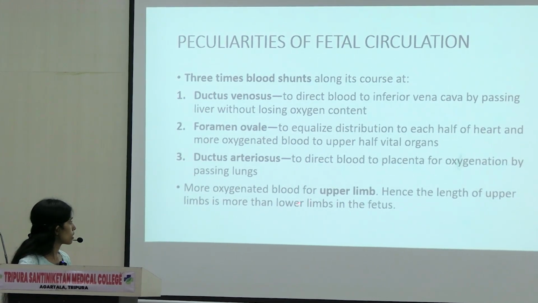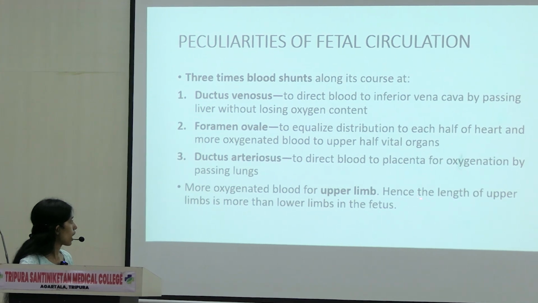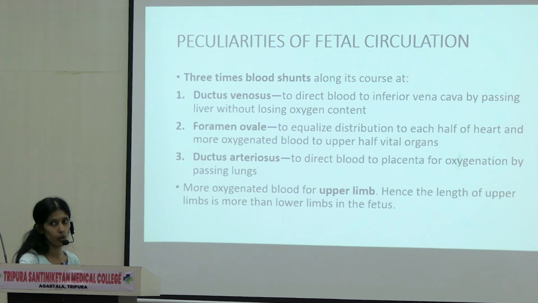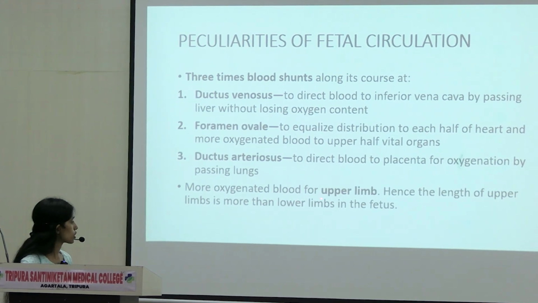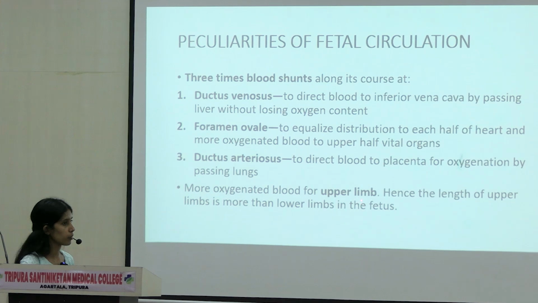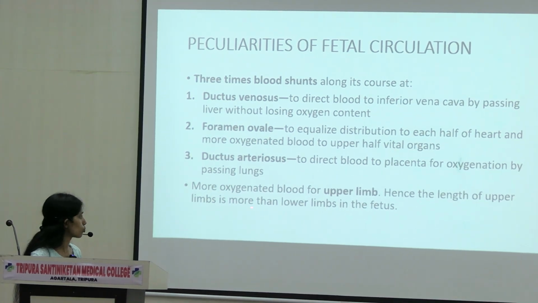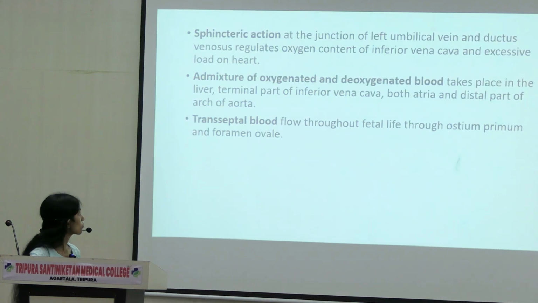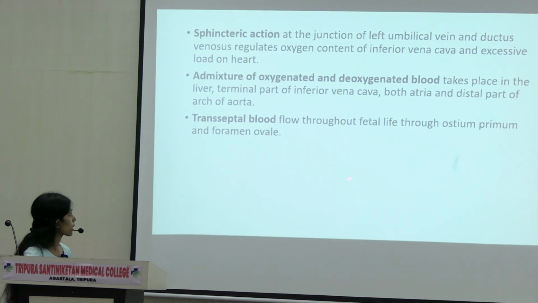So this is the reason why the upper limbs are larger in length compared to your lower limbs. Okay. More oxygenated blood will be supplied to your upper limbs. The length of the upper limb is more than the lower limb in the fetus. Next we have sphincteric action.